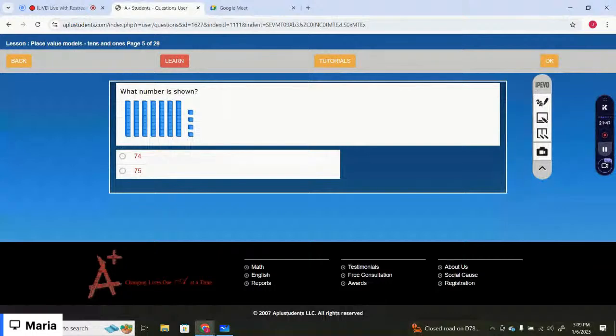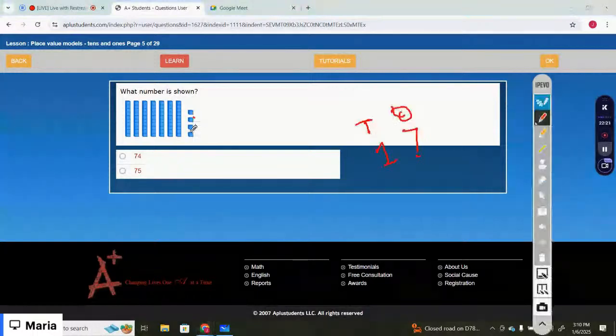Which number is shown? Which is the correct option? You have one, two, three, four small squares. So that means the ones digit is 4.